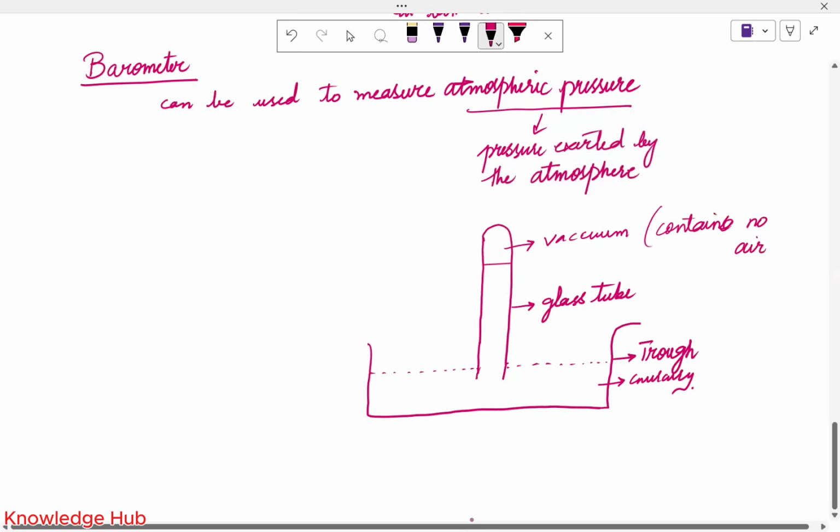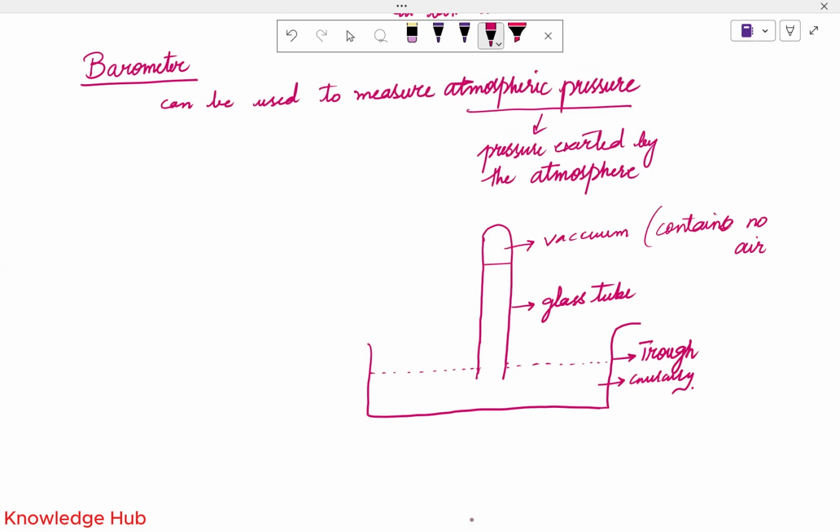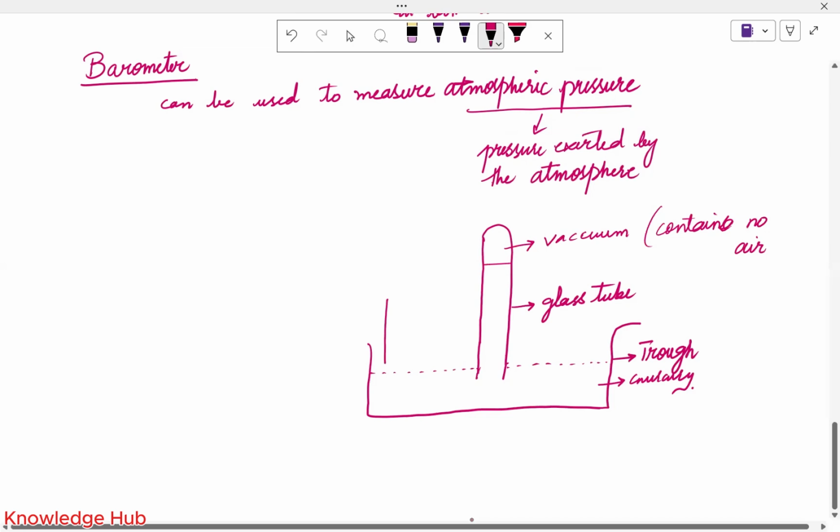Once it has been inverted into the trough, this level drops, and you can see that atmospheric pressure is exerted at these places.